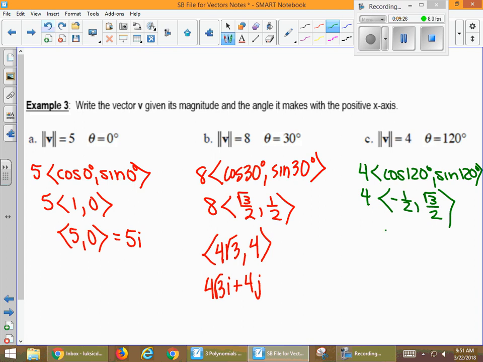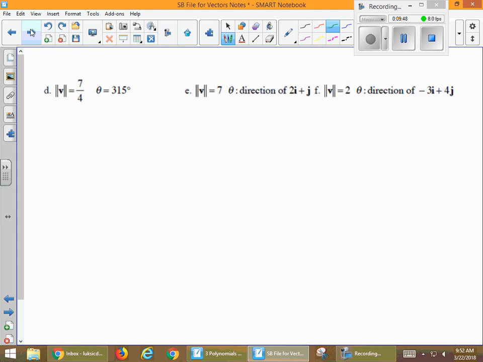So for C, you should get -2 as your horizontal component and 2 radical 3 as your vertical component. Or if you're writing it with i's and j's, it would be -2i plus 2 radical 3j. D, what are sine and cosine of 315?